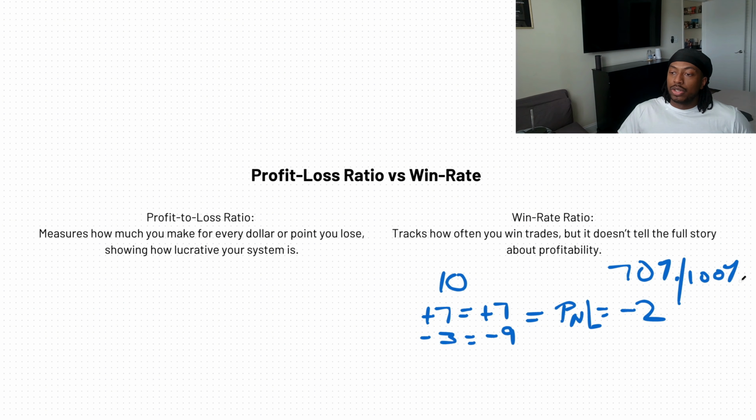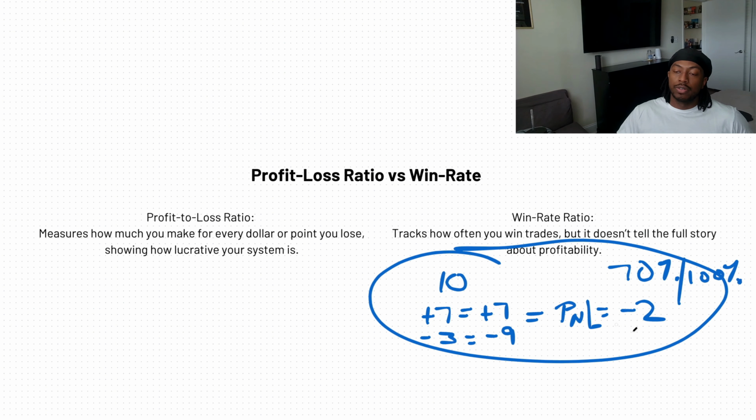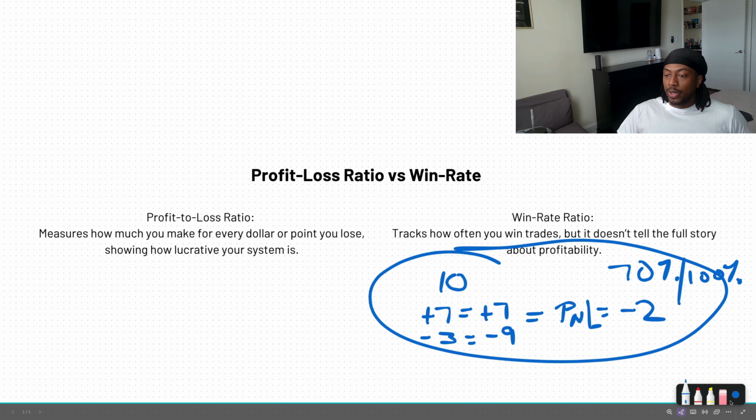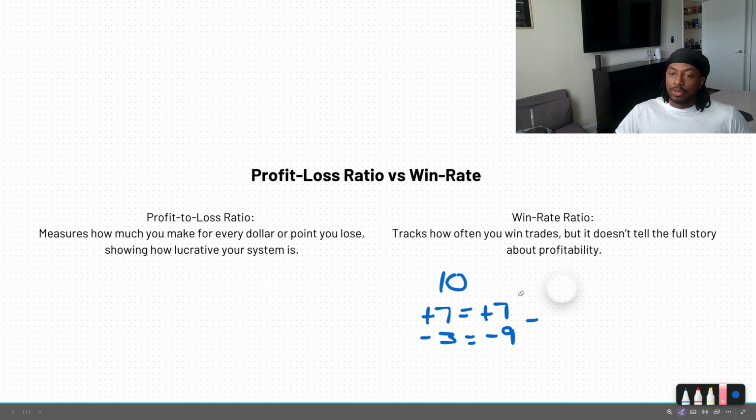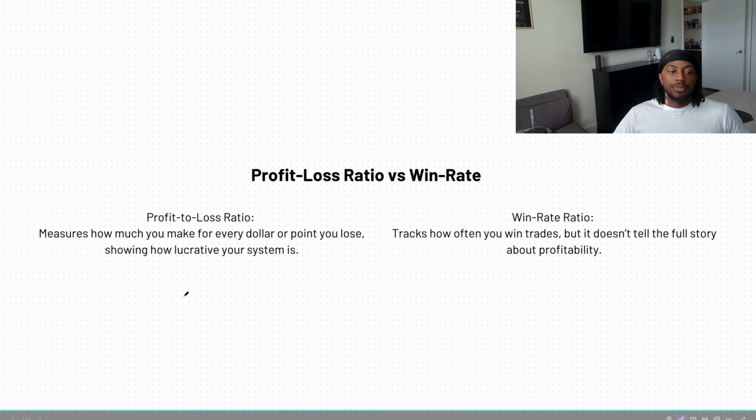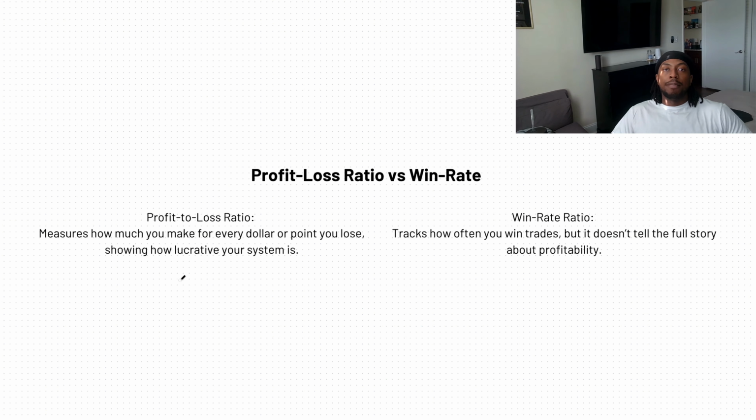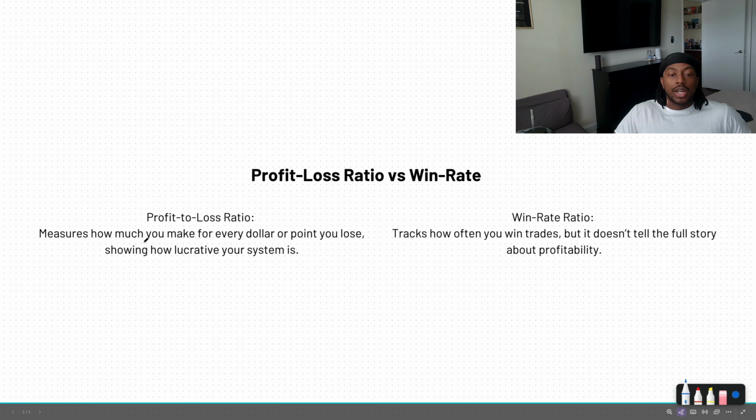Okay. So this is why win rate can be so misleading, right? It doesn't necessarily tell the full story. Where, let me erase this. If we were to talk about profit to loss ratio, this pretty much measures how many dollars you make for every dollar that you lose. So let's say I have a 2-to-1 ratio, right?